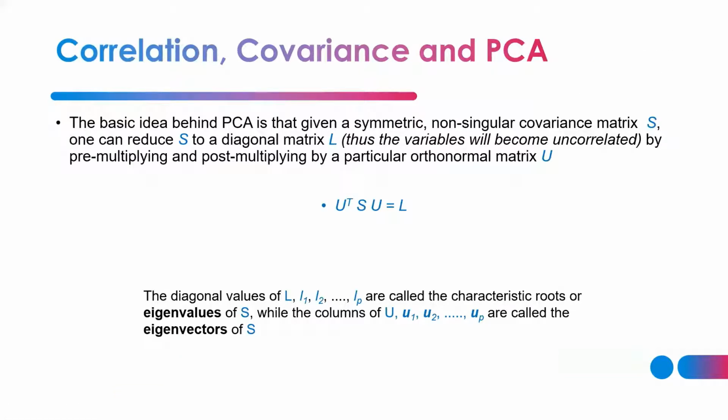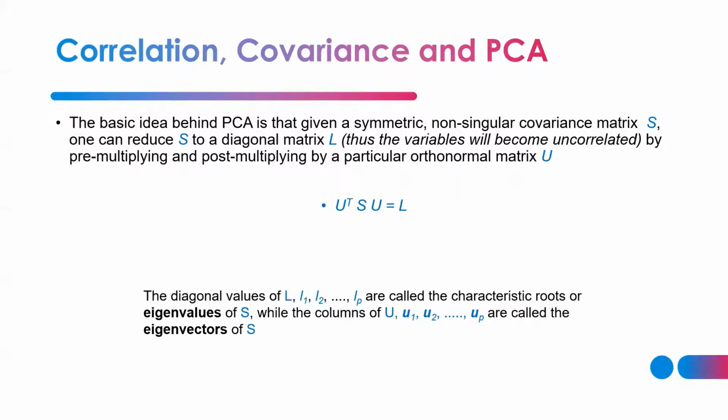Let's say we first generate the covariance matrix, S, and then pre-multiply this covariance matrix S and post-multiply by a particular orthonormal matrix U. So it becomes U transpose times S times U. The diagonal values of the resultant matrix L are called the characteristic roots or eigenvalues of S, while the columns of U are called the eigenvectors of S. So we usually start now talking about eigenvalues and eigenvectors.